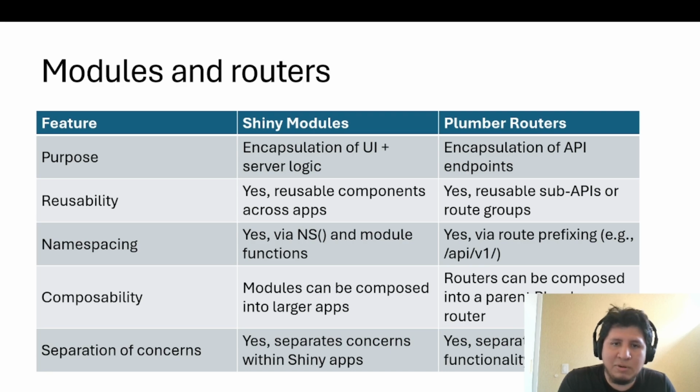They are reusable. They allow you to have namespacing. In the case of Plumber routers, you get this from the route itself that you define, but also you get it from using box modules. These are composable and they allow you to have separation of concerns. So basically, think of Plumber routers as you do Shiny modules for Shiny.